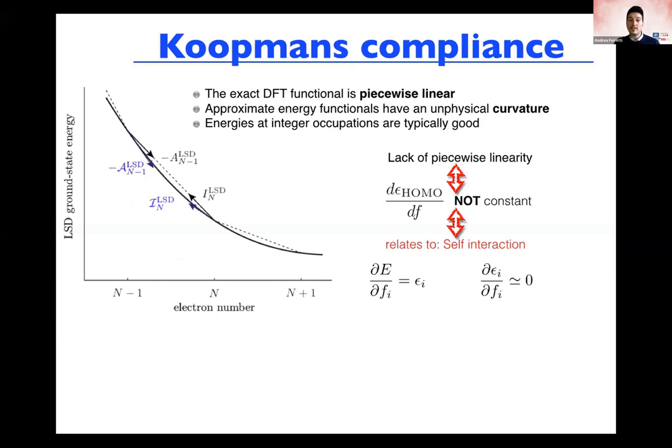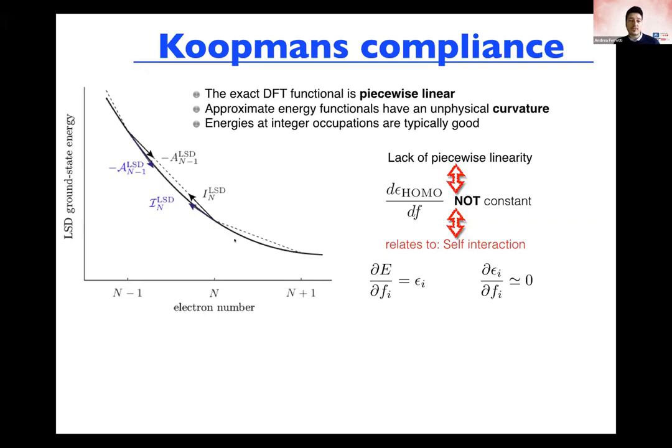So exact DFT also needs to reproduce this exact feature. And we immediately see that when we go to approximate energy functionals, instead we have an unphysical curvature of the total energy that is no longer piecewise linear. Nevertheless, energies, or better, energy differences at integer occupations are typically good.